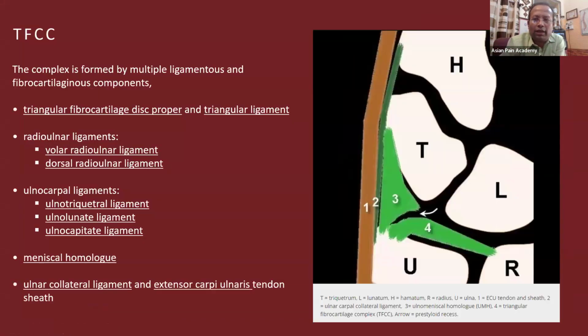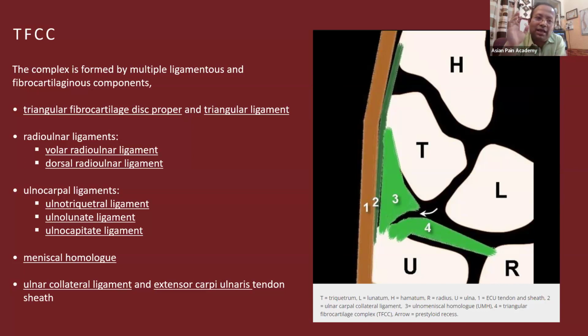Lastly, TFCC is a fibrocartilage. Though it is not completely on the dorsal side, still, as I showed you, the ulna and carpal bones have a gap. What fills that gap? It is filled by a fibrocartilage complex, which we call TFCC, the triangular fibrocartilage.